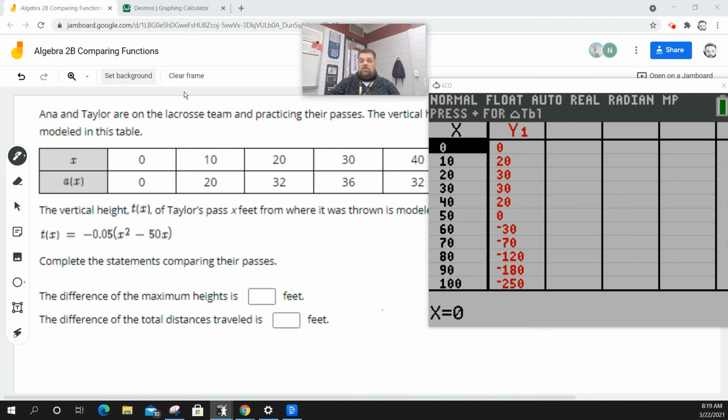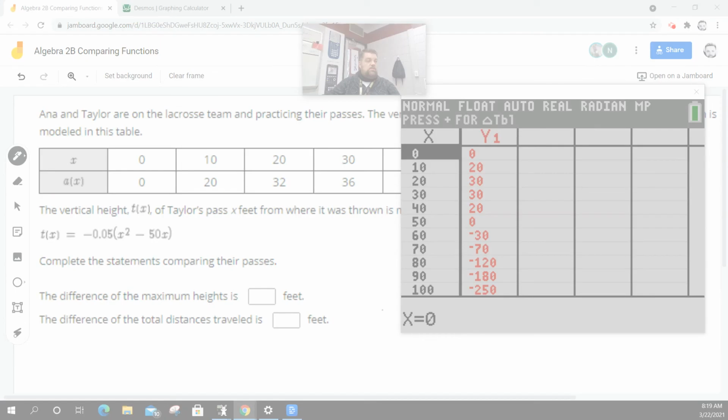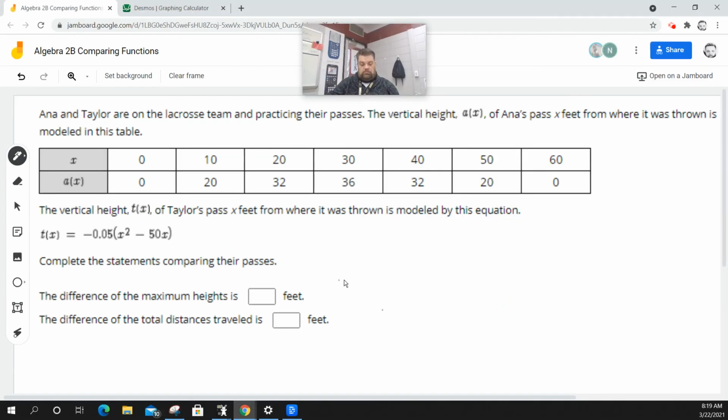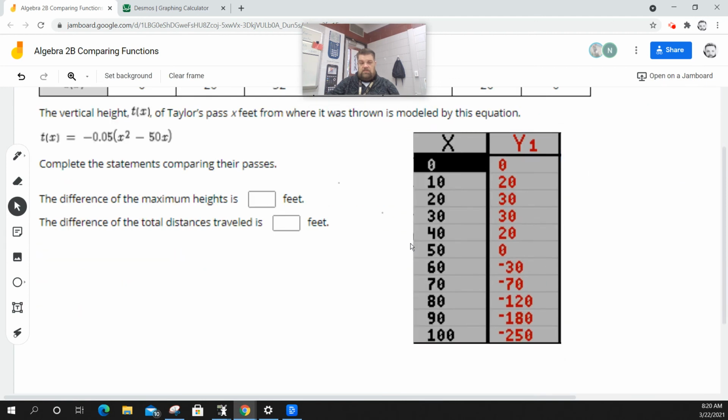Pretty fancy, huh? So what I'm going to do is copy and paste that into our little notes here, and then we're going to compare the values. So these are the values of T of X, and we're going to have to do some sort of comparison.